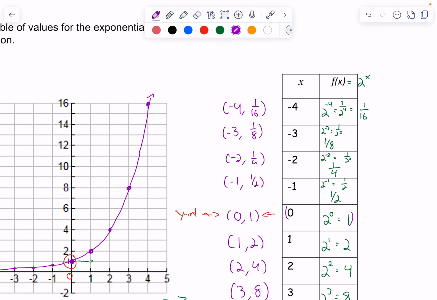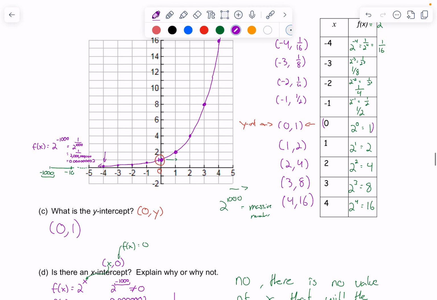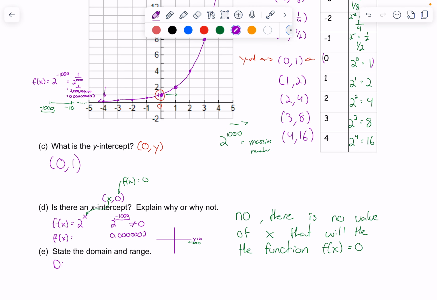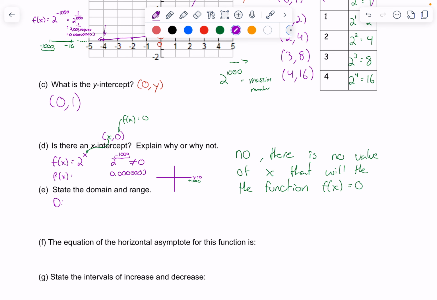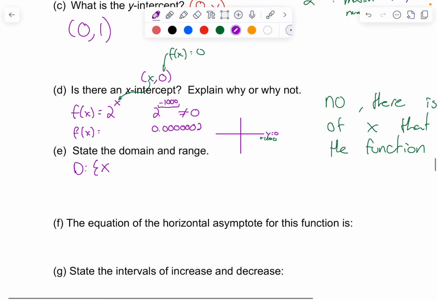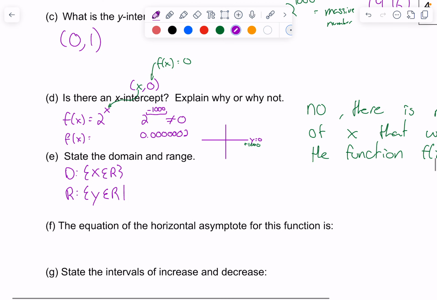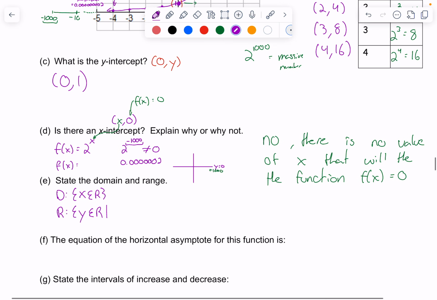So when you think about your domain, is there a value of x that you can't use? Well, no. This is a fundamental characteristic of an exponential function. X belongs to the real numbers. There are no restrictions on your x. Now on your y's, so we talk about range. There is a restriction on your y, and we just talked about it.